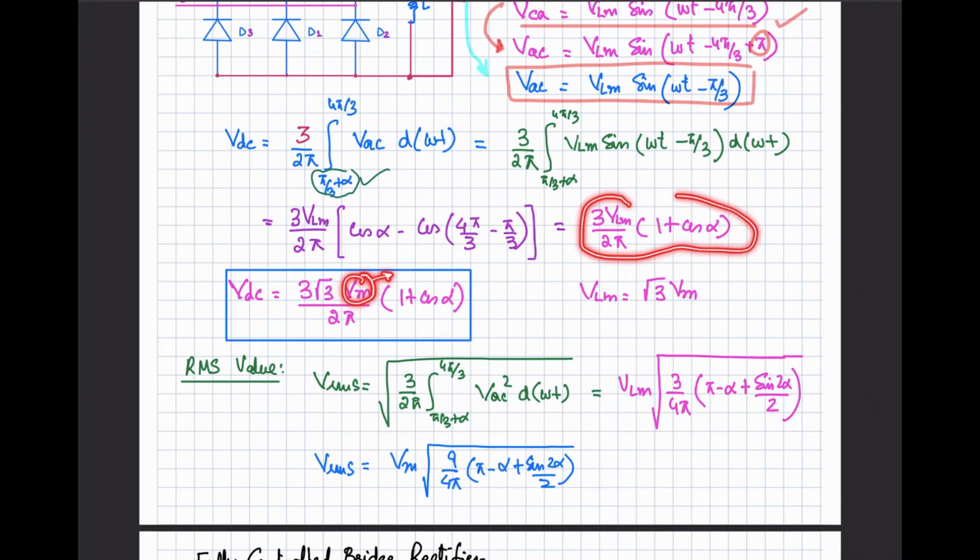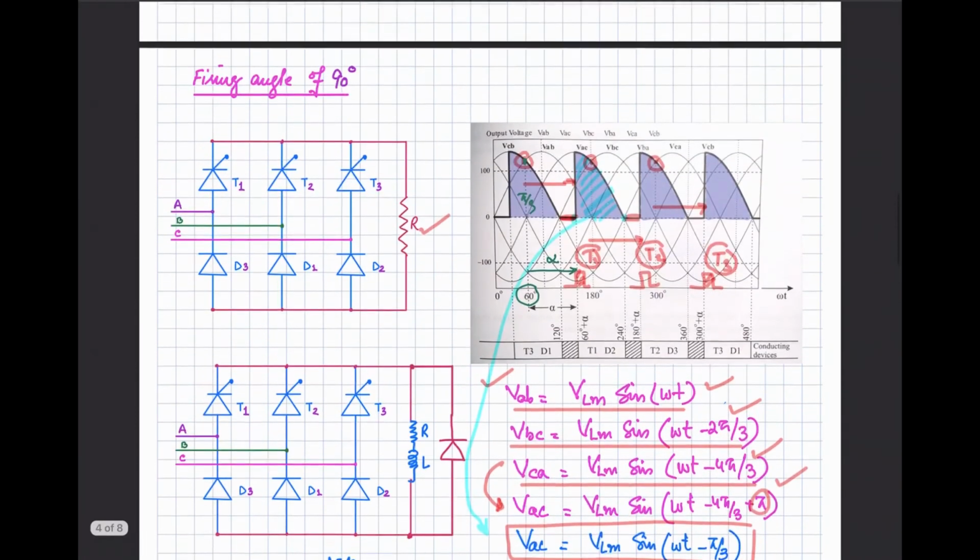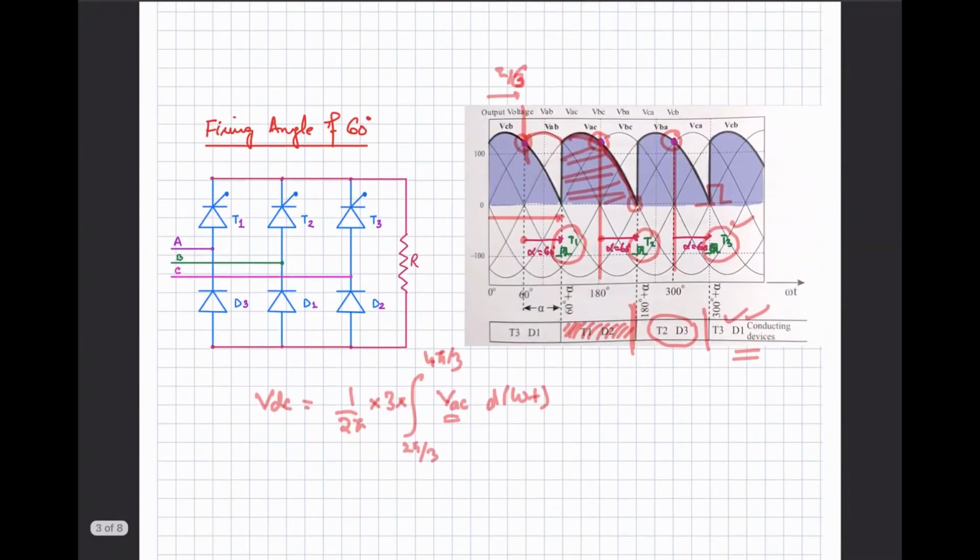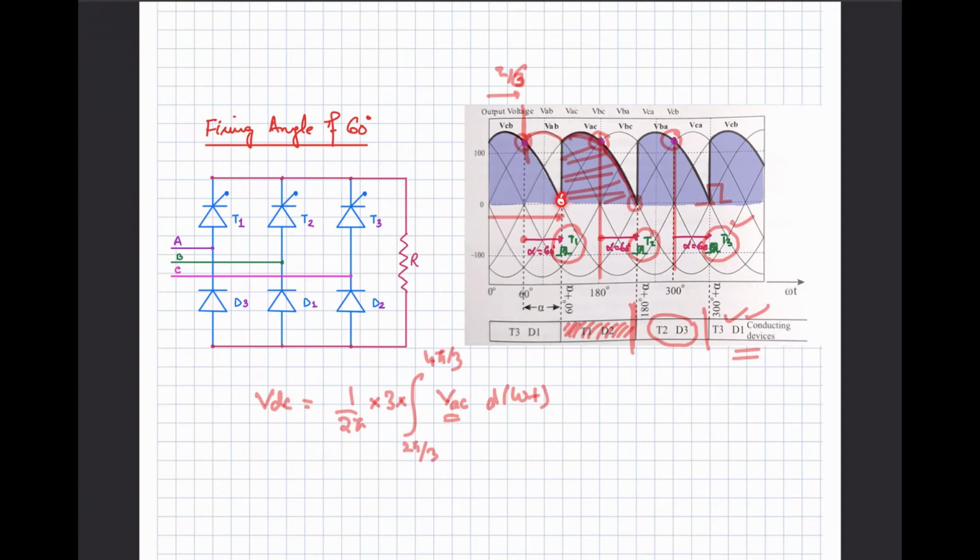In terms of line voltage, the expression for the DC voltage is this one, when your firing angle is 90 degree or above 60 degree, right? Why are we going to consider it above 60 degree? Because up to 60 degree, you can see this is the waveform. Above 60 degree, if there is a highly inductive load, the negative portion is going to appear, and if there is the resistive load, then there will be a zero level over here in the case when you have the firing angle above 60 degree.